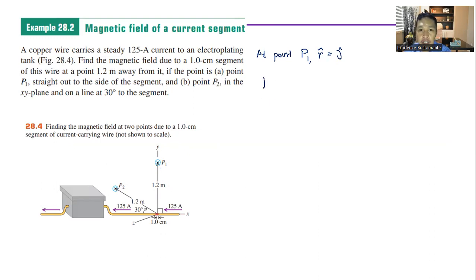From our formula, for a current element, dB is equal to mu naught I dl cross r hat over 4 pi r squared.